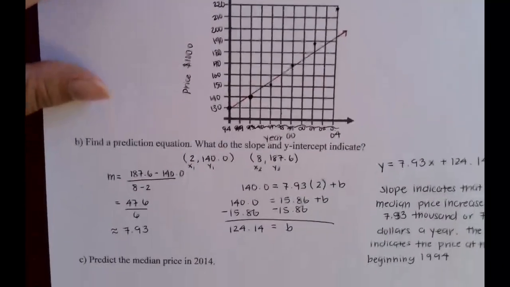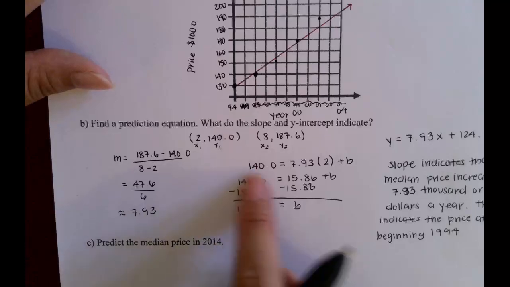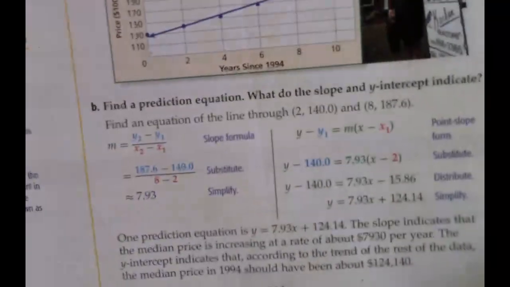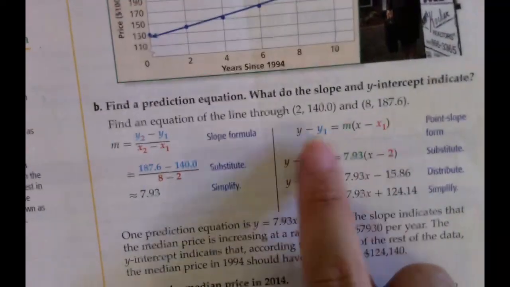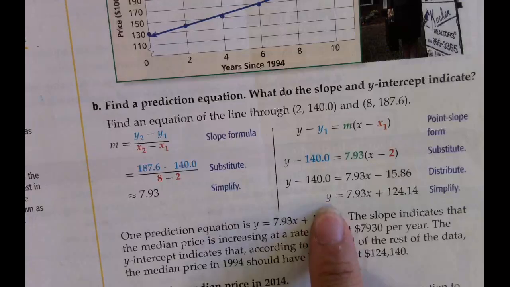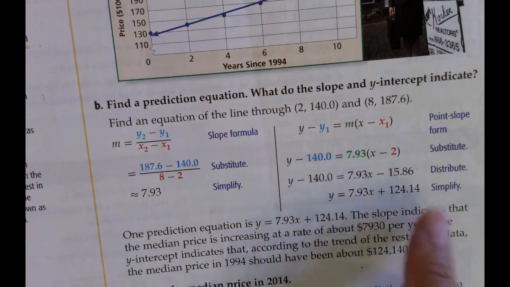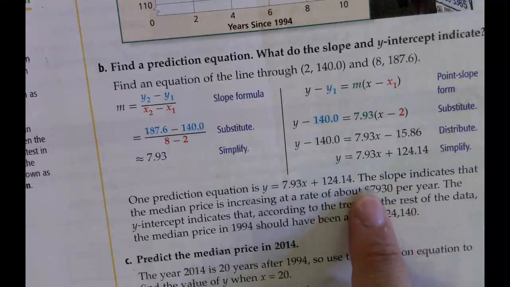Okay. So here I chose to use my slope-intercept form. If you look at the book, once they get to this part, they chose to use the point slope form, but you'll see that they get the same equation as I do, y equals 7.93x plus 124.14. Again, it means the same.